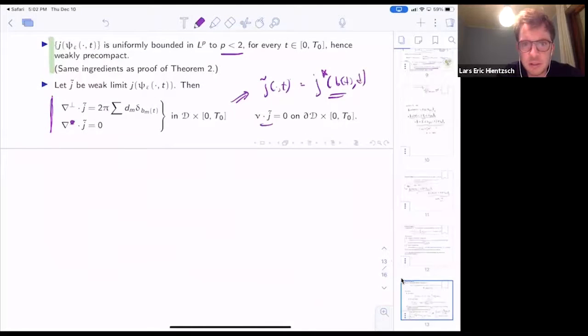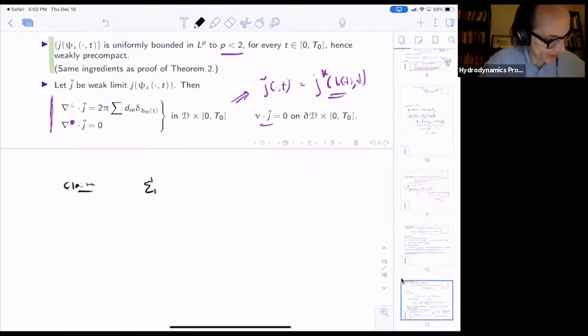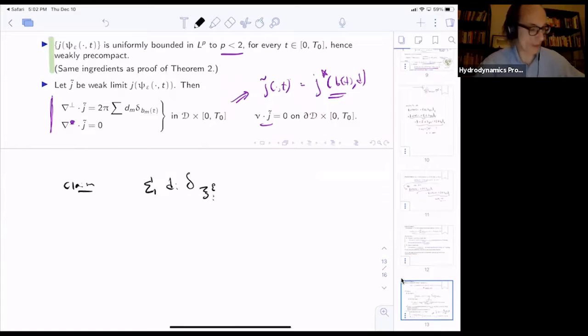Okay, so my claim is, let's just say I have a sequence like this depending on epsilon. Well, what can I do?